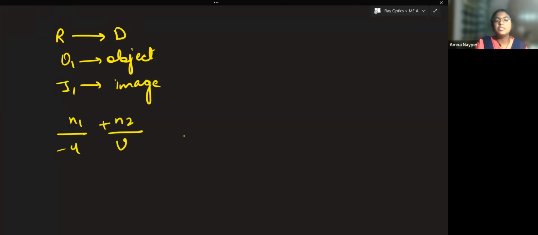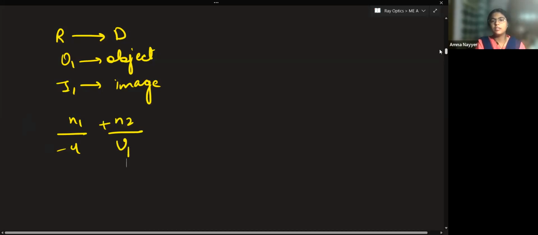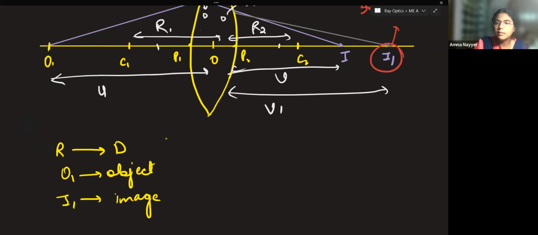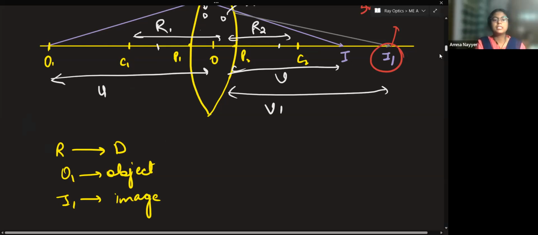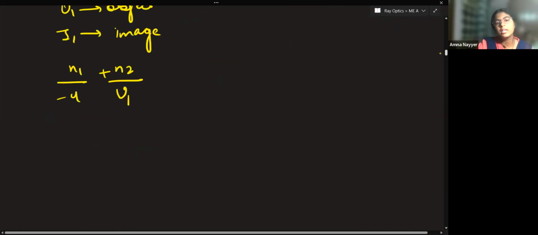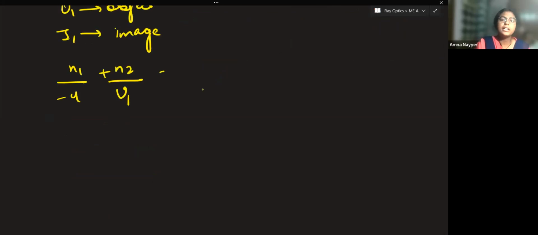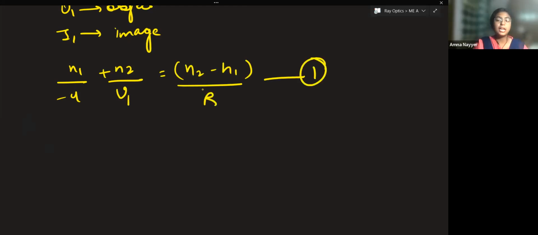Let's write it as V1, the intermediate image distance. Actual image distance is V and object distance is U. So minus N1 by U plus N2 by V1 is equal to N2 minus N1 divided by R1. First equation that you will be needing.